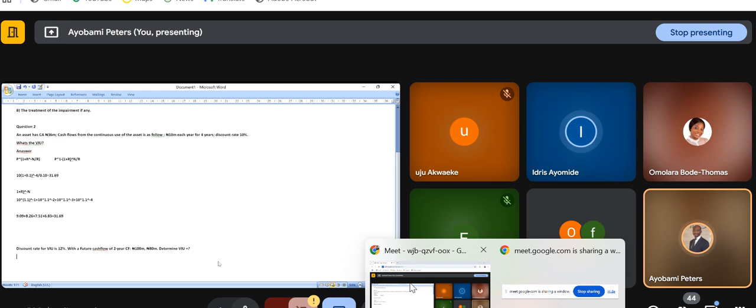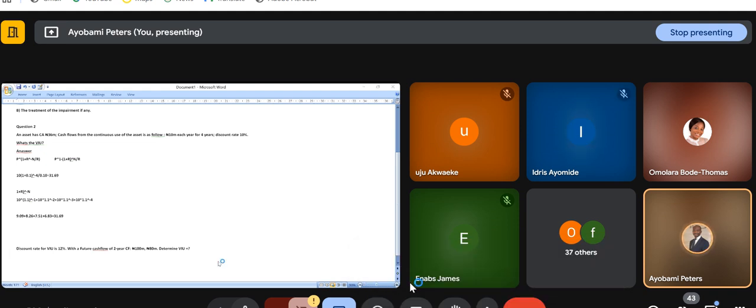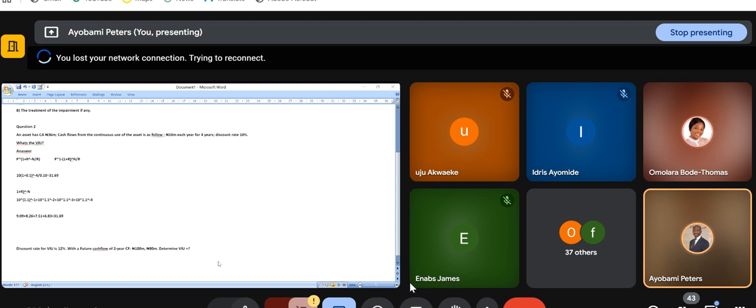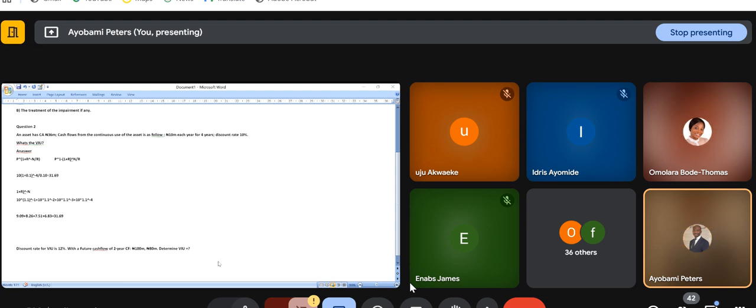I'm going to call somebody to give me the formula for determining the present value of an asset. Who will I call? Enap James, are you there?